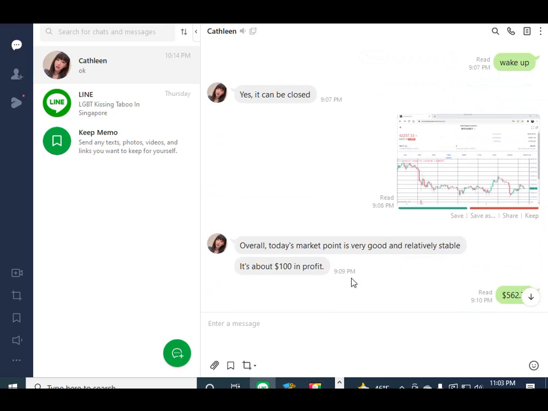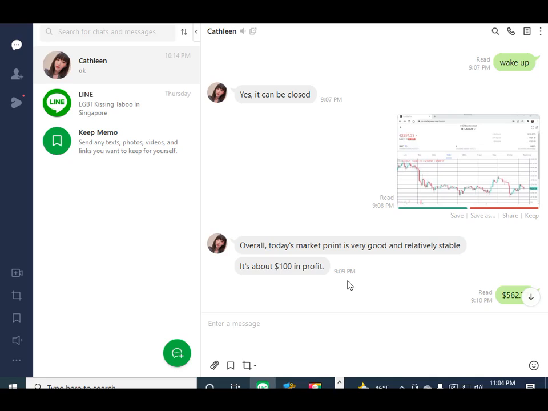So overall, today's market point is very good and relatively stable. It's about $100 in profit. I started with 471 and ended up with 562.